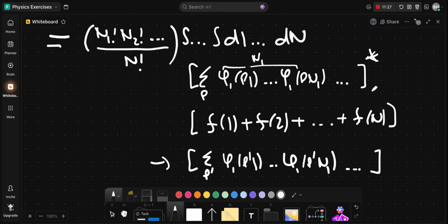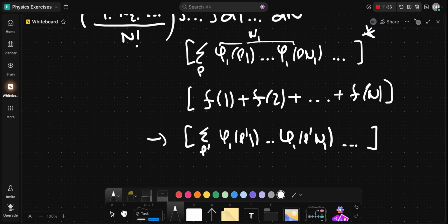Now there are several ways to do this. One would be to say that this operator term is permutation symmetric, and this term times this term is also permutation symmetric.